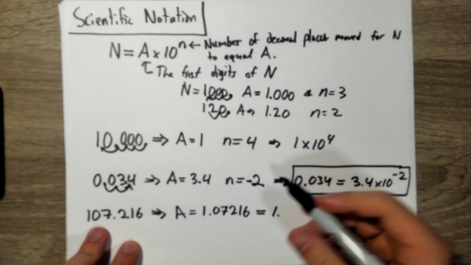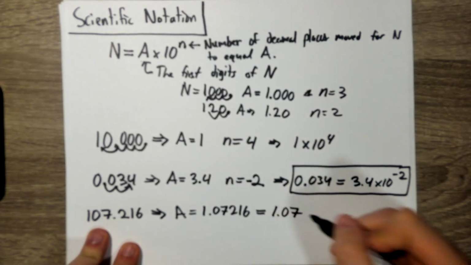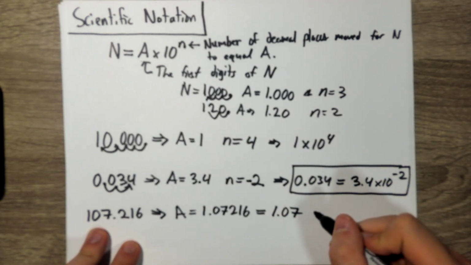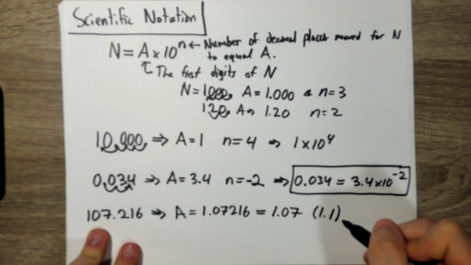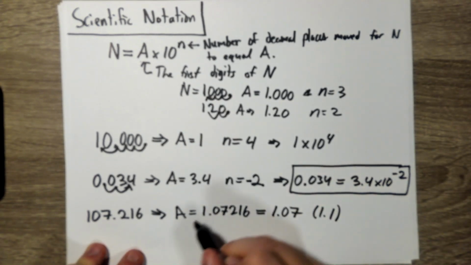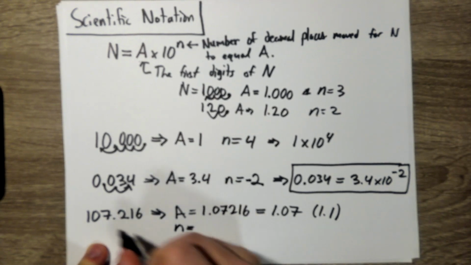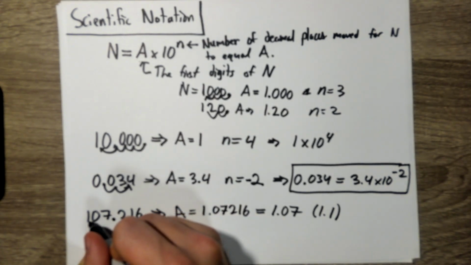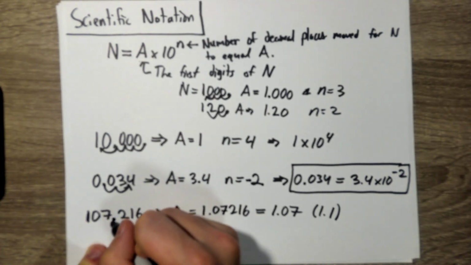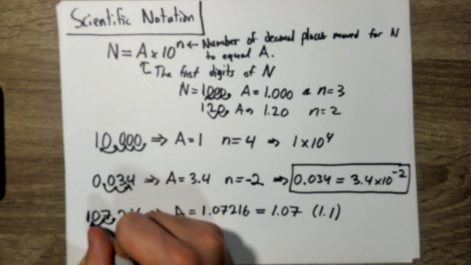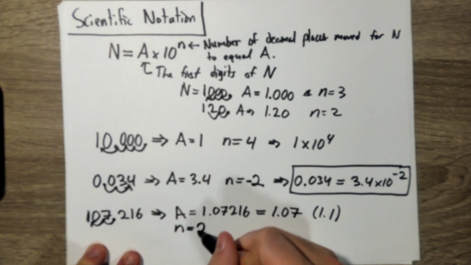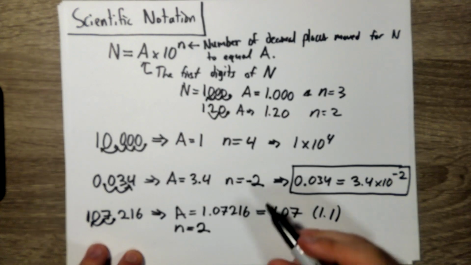A lot of times it's good to round it to say 1.07, or even you could do 1.1, whatever you prefer. Then n, we're moving our decimal place over to the first non-zero number, 1, 2. We're moving it 2 spots, so n equals 2.